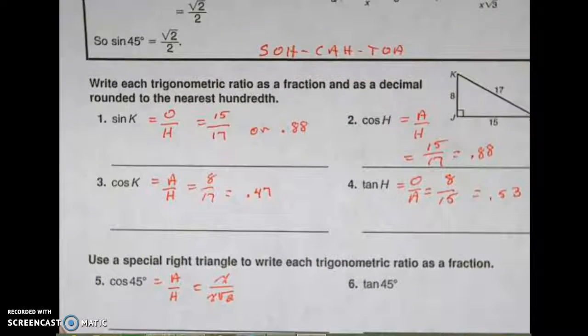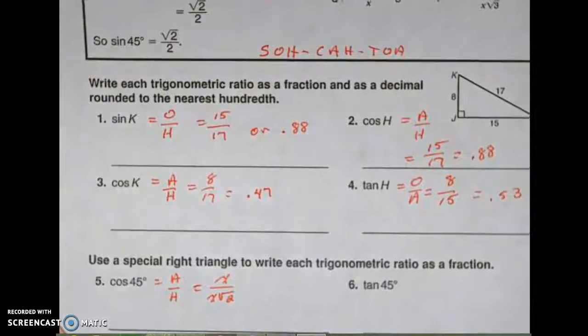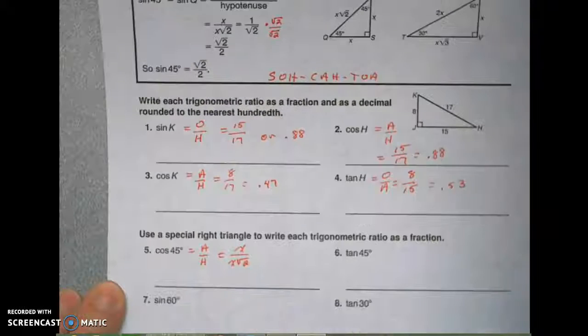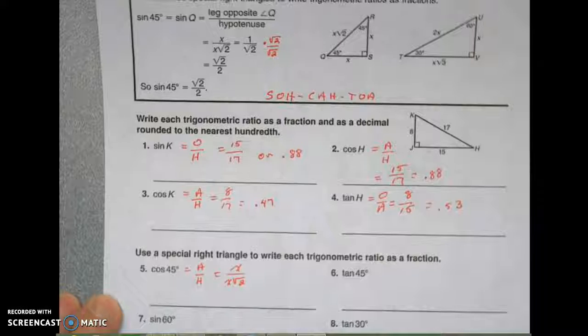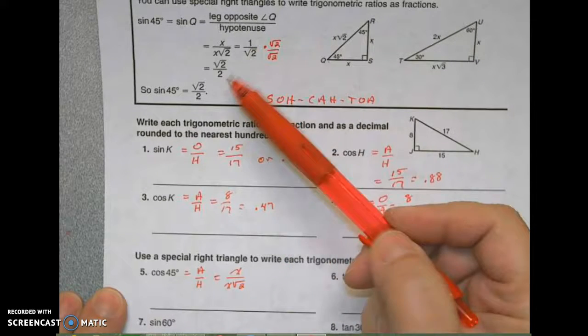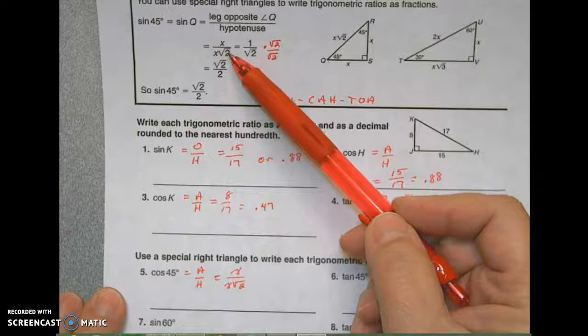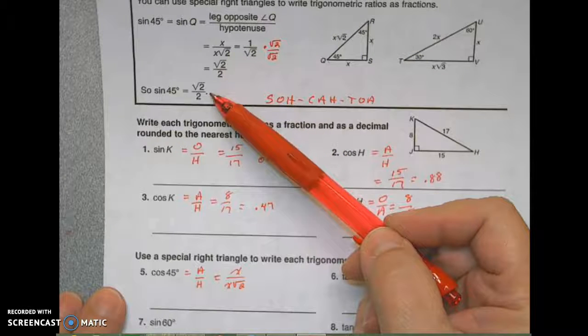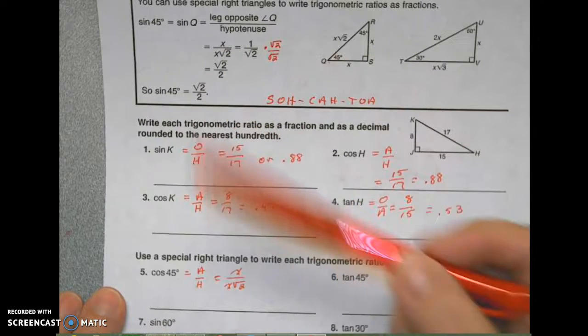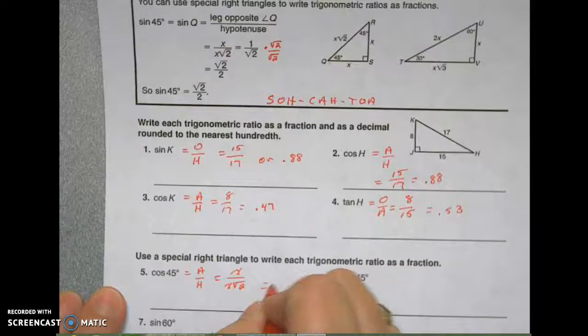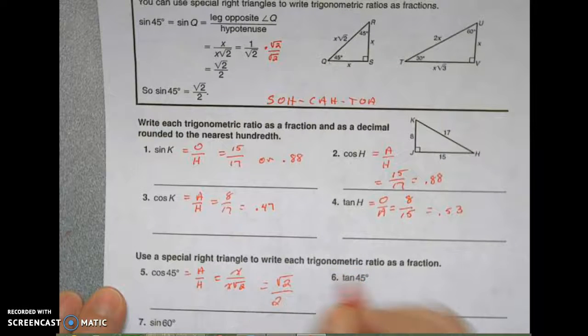Notice that this is exactly like the example problem that we looked at, where we took the sine of 45 degrees, x over x square root 2, and our final answer, we ended up with the square root of 2 over 2.